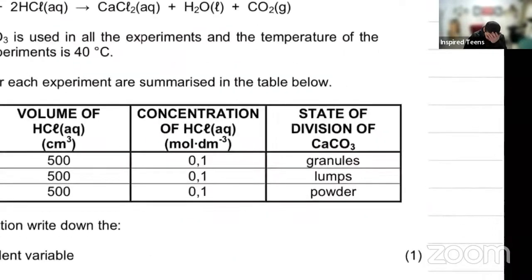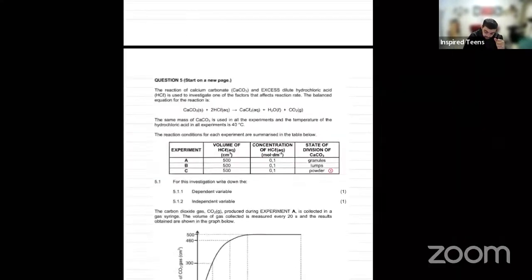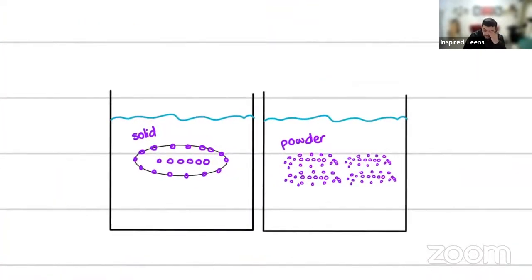Okay, so the order of surface area: the largest surface area is powder, because that's the most refined. It's the smallest particles. Since it's the smallest particles, it reacts much more easily. Remember we discussed it in terms of that little container. Let's go back up to it actually. When something's a solid versus when something's a powder, for a solid, the outside particles need to react first, and then eventually it will get to the inside.